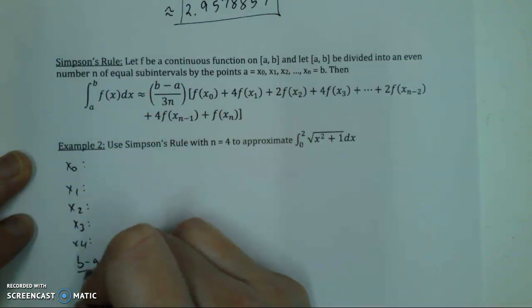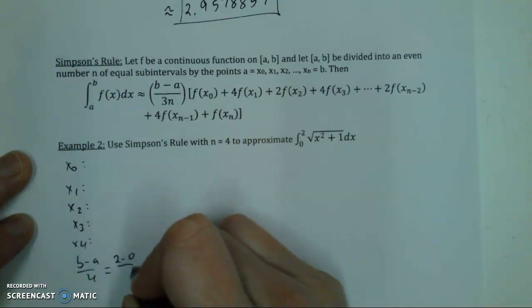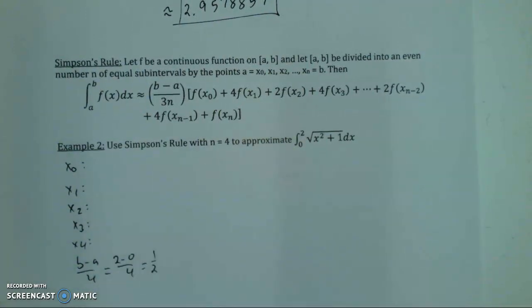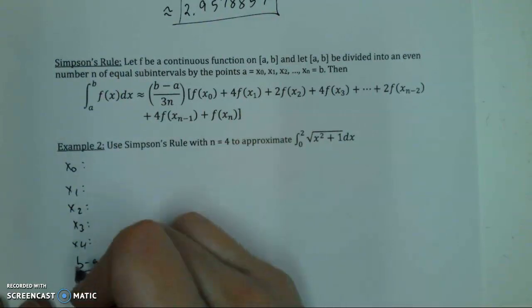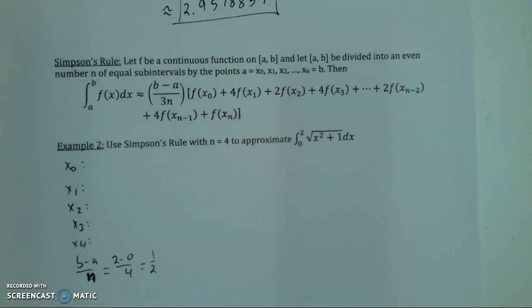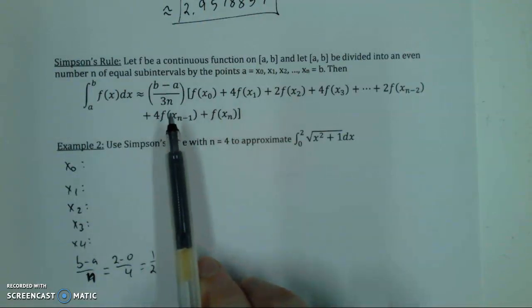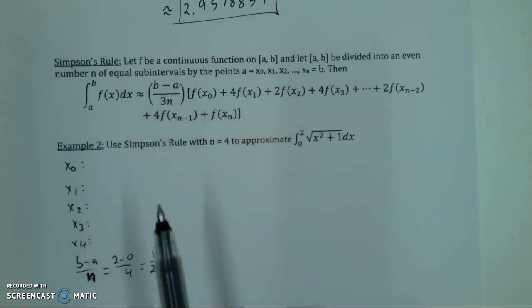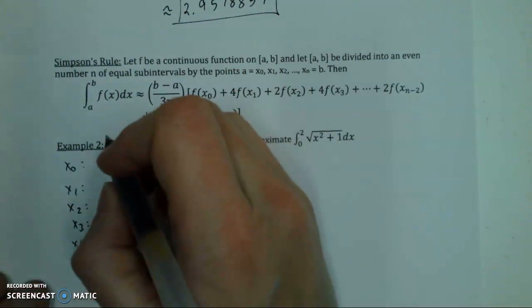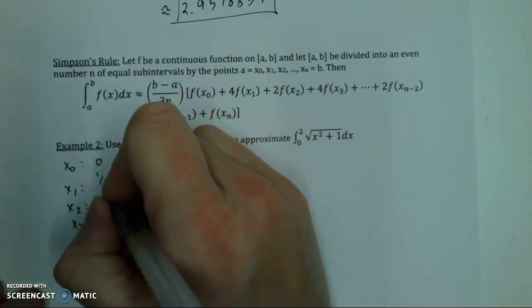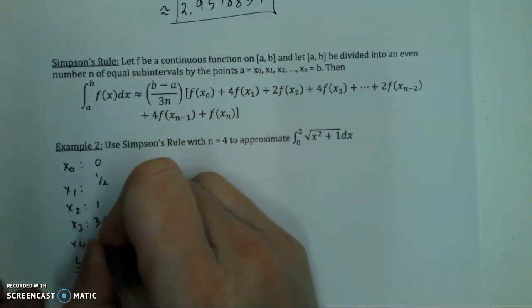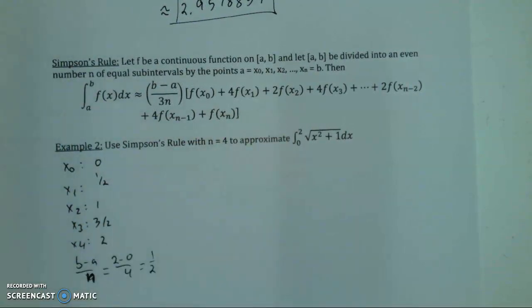The one thing I want you to be careful about is the distance between each of these subintervals is always b minus a over n. So be careful. The first part of Simpson's rule has a different thing in front, whereas in the trapezoidal rule we had that, but this is always the distance between our subintervals. So here, again, we will get the exact same subinterval values that we had for the previous problem.